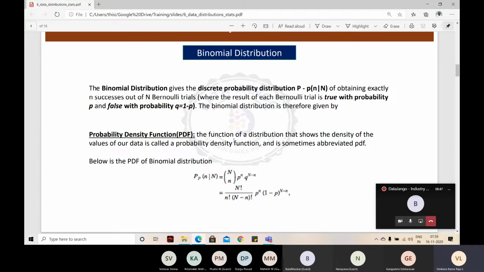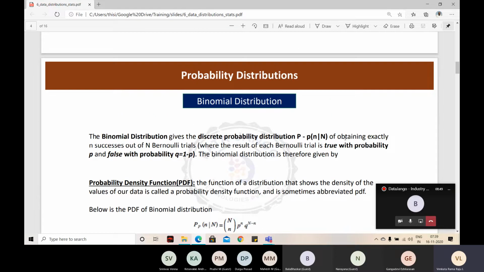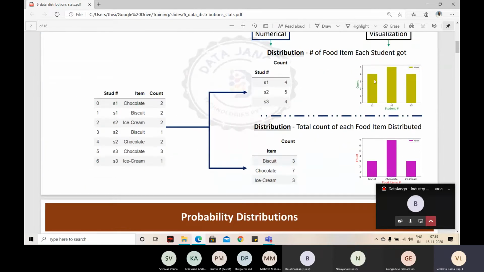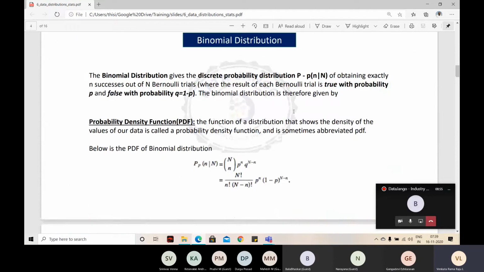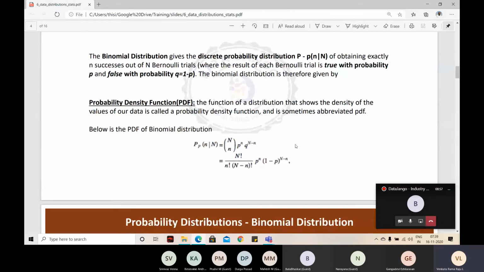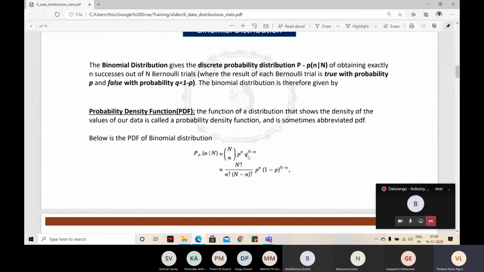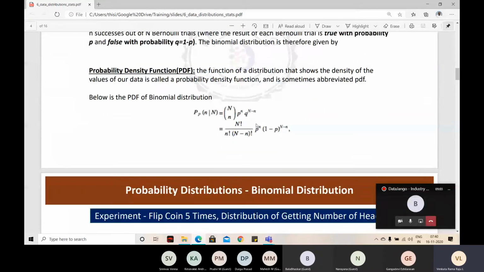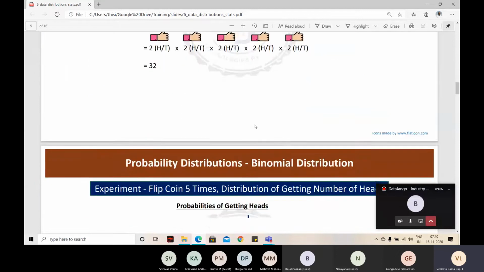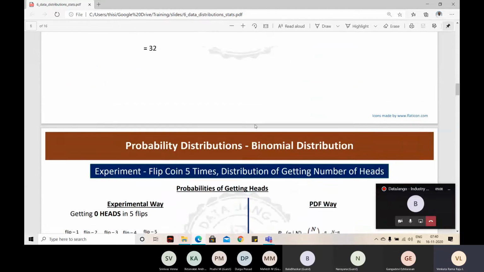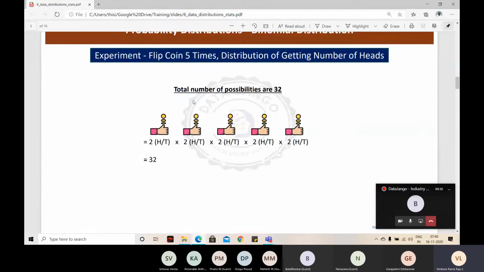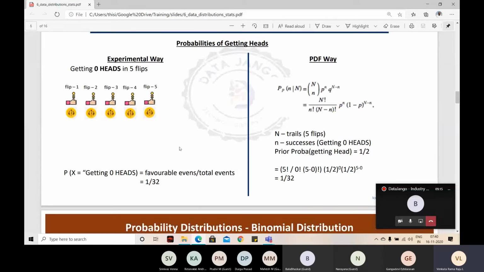Okay, probability density function. What is probability density function? The density is the height of the bar, right? Height of the bar is the density. The function which predicts or finds out this height is the probability density function. The count and the probability are the same, I said, right? When you look at throwing a coin 5 times, total outcomes are 32.